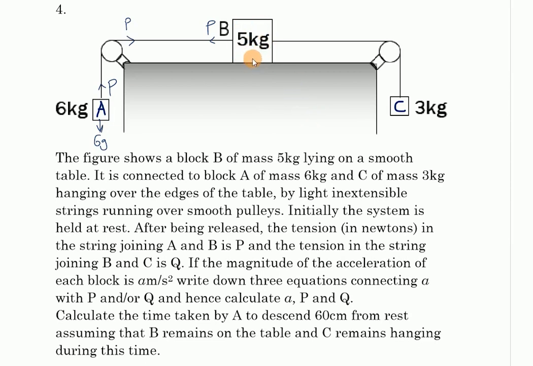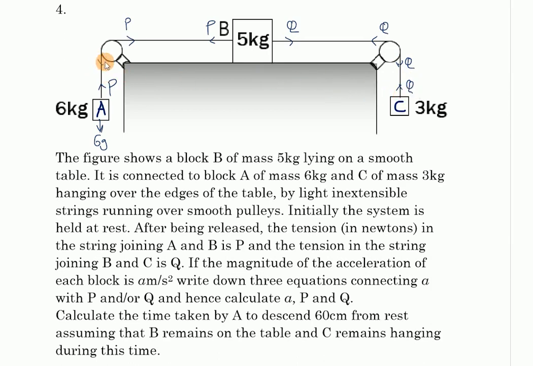They said it is a smooth pulley, so it is a smooth surface, so there is no friction. This one is a Q. Smooth pulley, both sides of the pulley have the same tension.